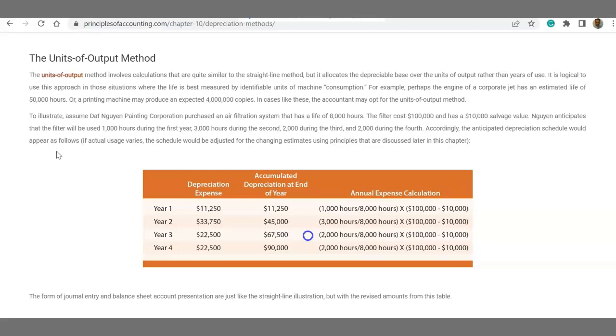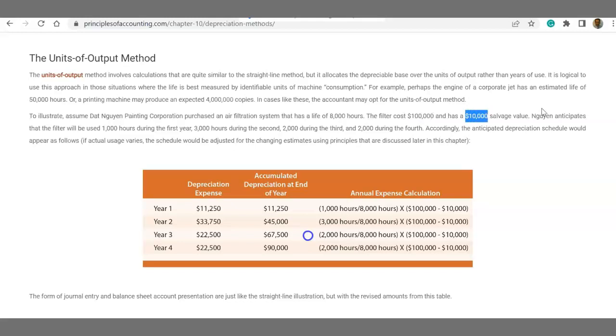So in order to calculate that, let's read this. It says the company purchased an air filtration system that has a life of 8,000 hours. So this is the life in hours, machine hours. The filter cost, that's the original cost, 100,000, and the salvage value is estimated to be 10,000.